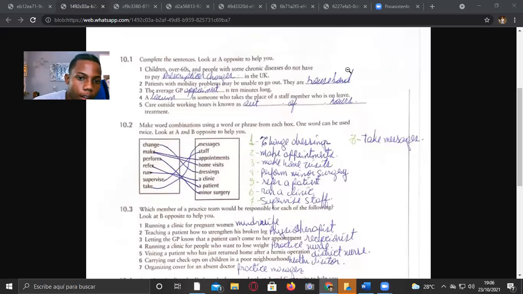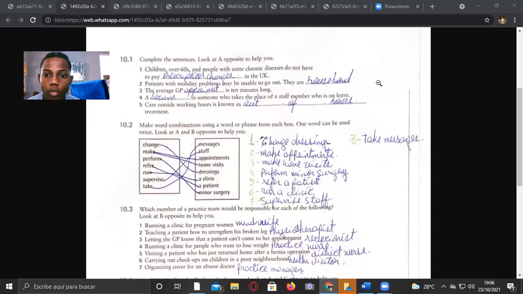Complete the sentences. Look at A opposite to help you. One, children, over 60s, and people with some chronic disease don't have to pay prescription charges in the UK. Patients with mobility problems may be unable to go out.